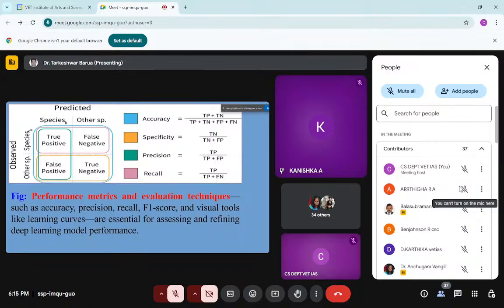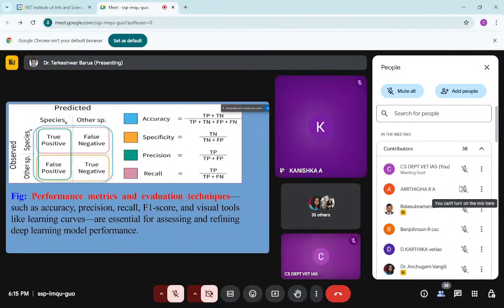So now, what are the formulas for this? Accuracy is true positive plus true negative, upon true positive plus true negative plus false positive plus false negative. And specificity is true negative upon true negative plus false positive.